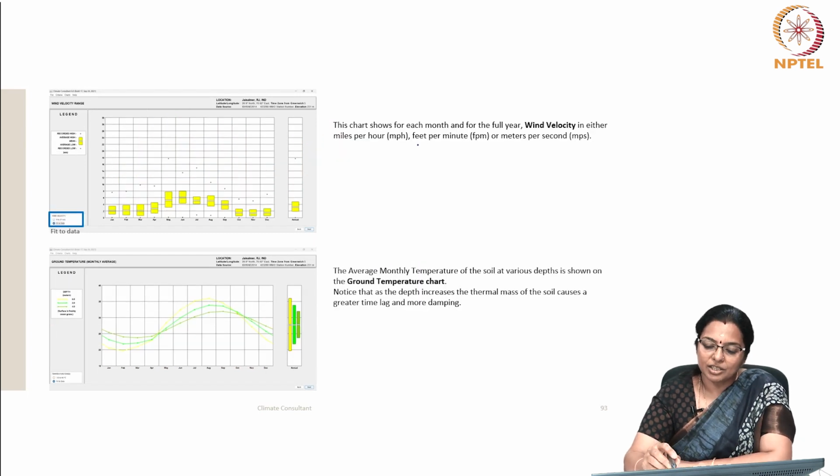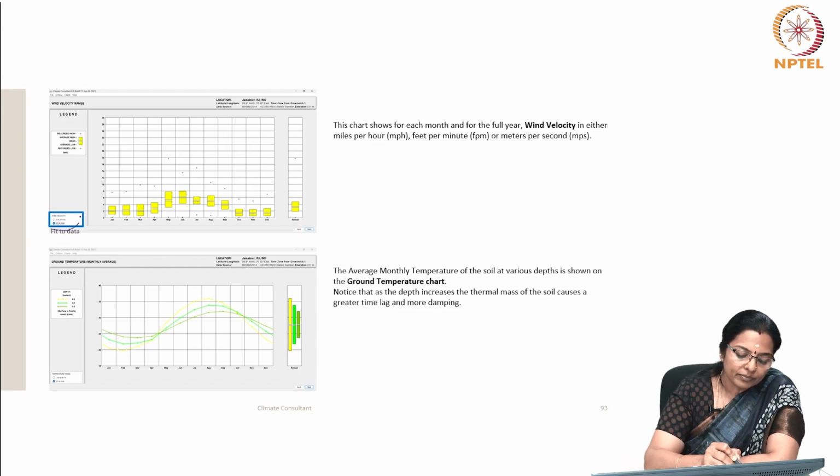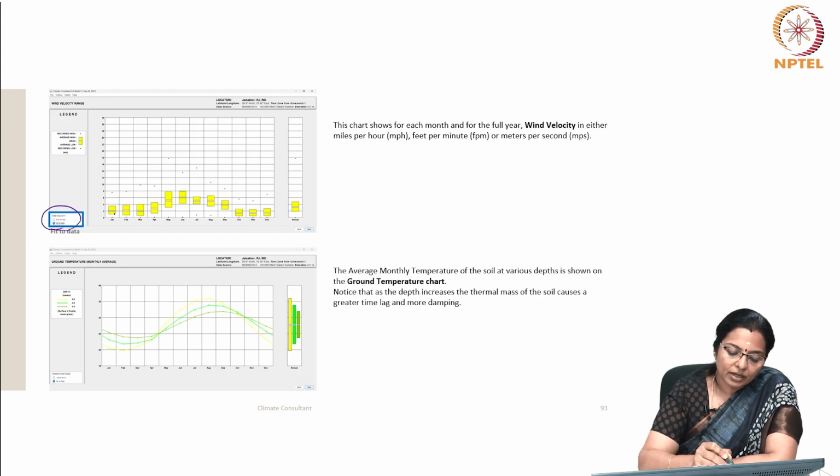Now, this chart shows for each month and for the full year the wind velocity in either miles per hour, feet per minute or meters per second, depending on the scale you have chosen. And you can see how the wind keeps changing.